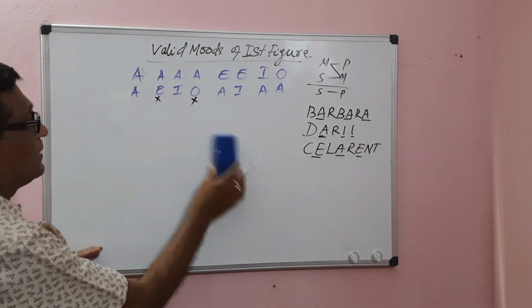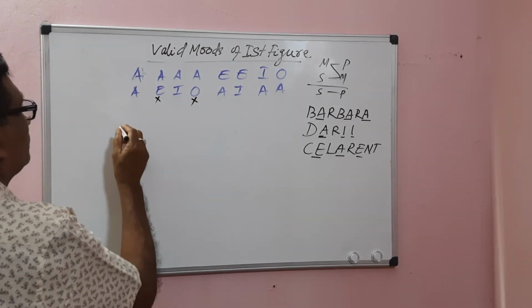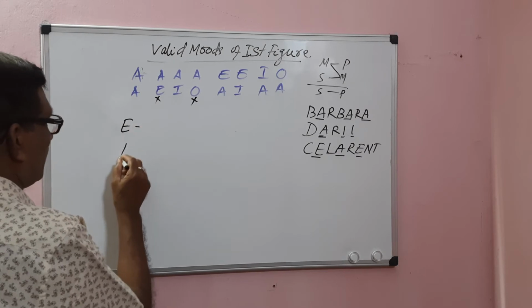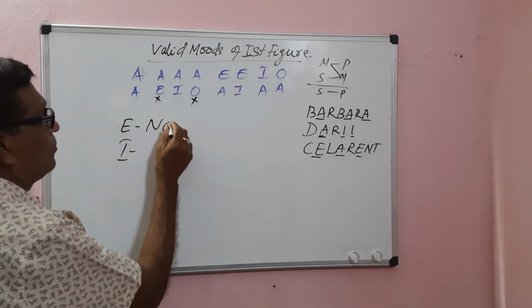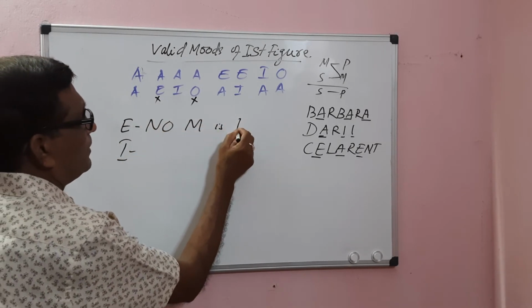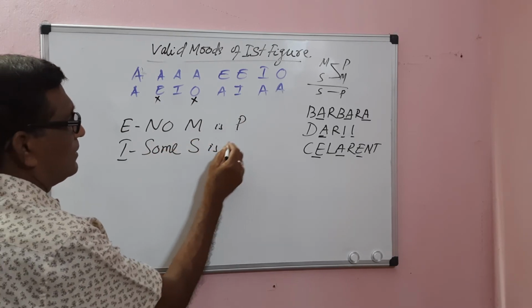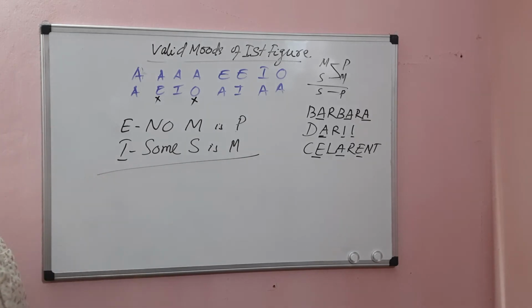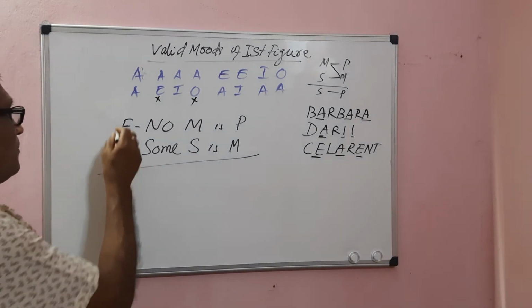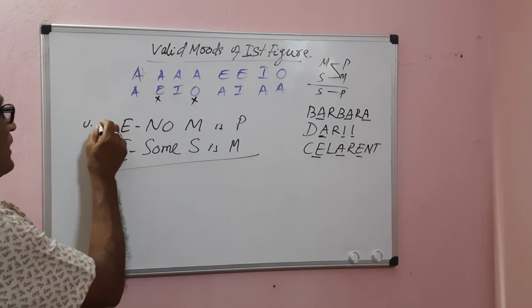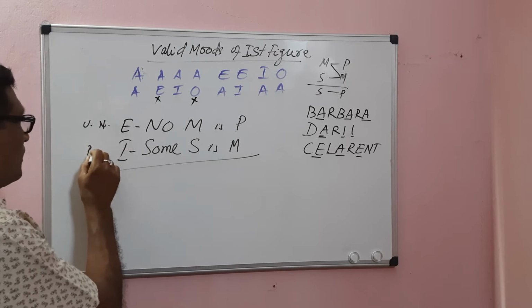Then EI. No M is P, some S is M. Here the major premise is universal negative and the minor premise is particular affirmative.